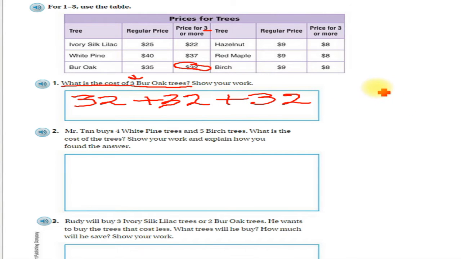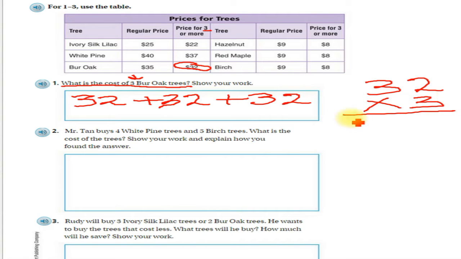But we can do this quicker. The faster way to do it would be to simply multiply. So I'm going to take my price of $32 each, and I'm doing 32 3 times. 32 for the first bur oak, 32 for the second bur oak, and 32 for the third bur oak. So I'm going to times it. I'm going to do 32 3 times.